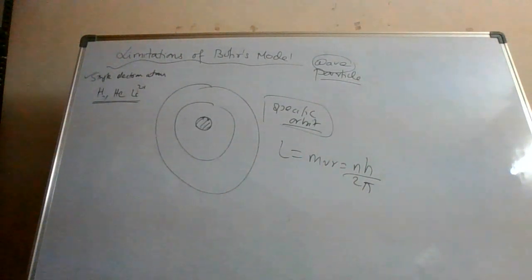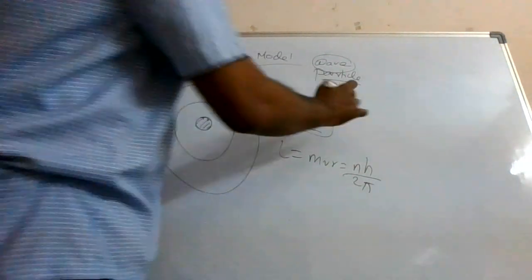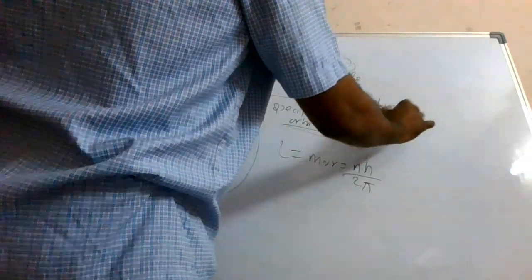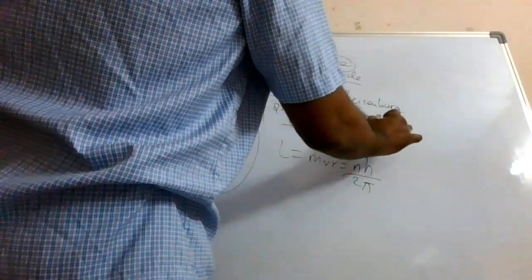I'm looking for some other important points, but these are the important points. There is the Heisenberg uncertainty principle. This is what I am quoting about.